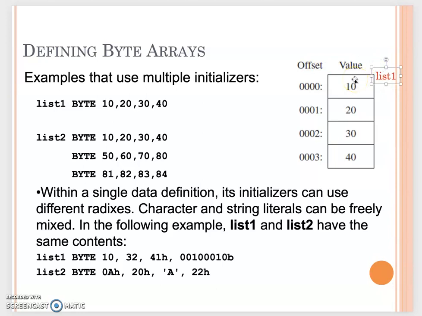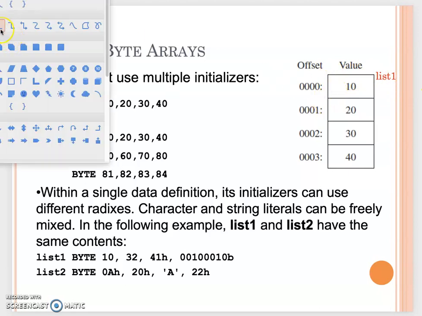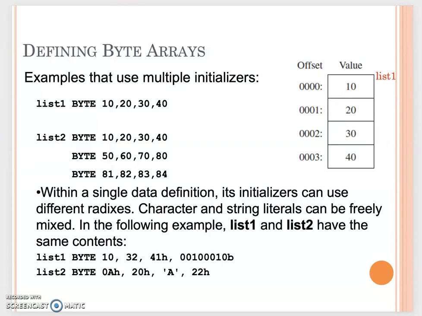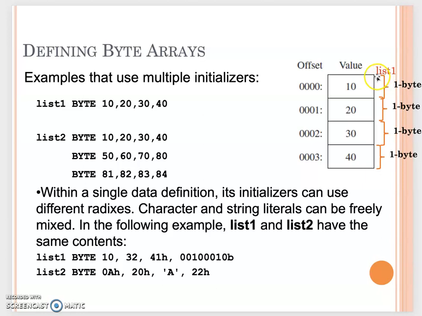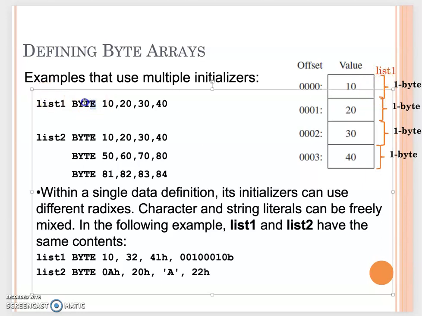So they are the beginning of this address. Then of course, you have your 1 byte. Let me show you each one, they are actually 1 byte. That's how they look. You only declare one list1. They start from this location, and each one is 1 byte. You only need to declare one time.